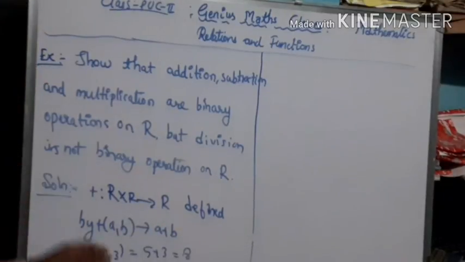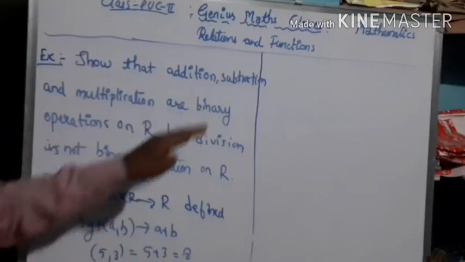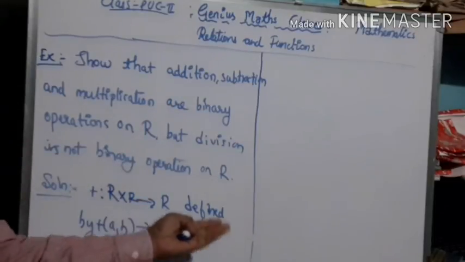That is why addition is a binary operation on set R.